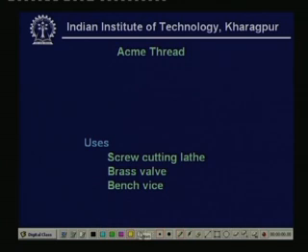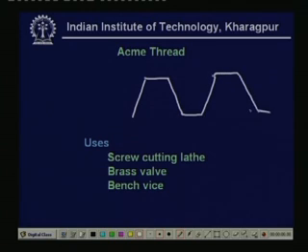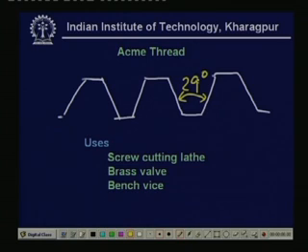Now, in order to overcome that, we have another kind of thread which is known as the Acme thread. Here the thread profile is like this, so this is the profile of the Acme thread, and this angle is 29-degree.